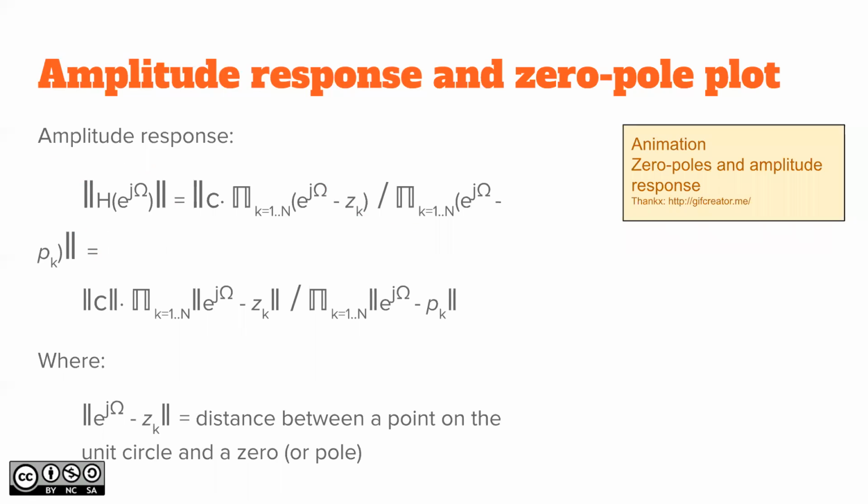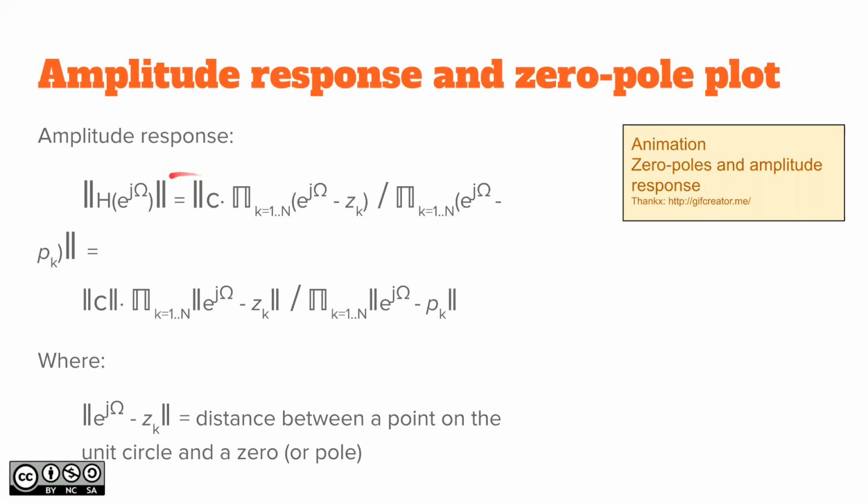Each nth degree polynomial in the complex plane has exactly n roots. The numerator polynomial's roots are the zeros of the system, and the denominator polynomial's special points are the poles of the system, zeros and poles.